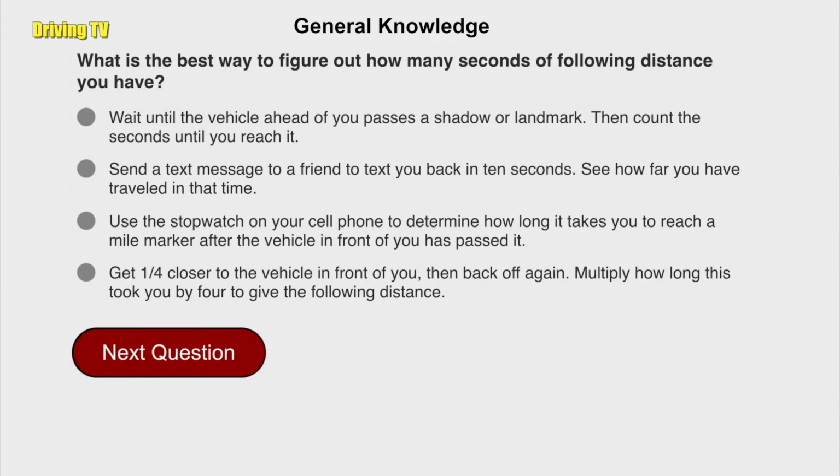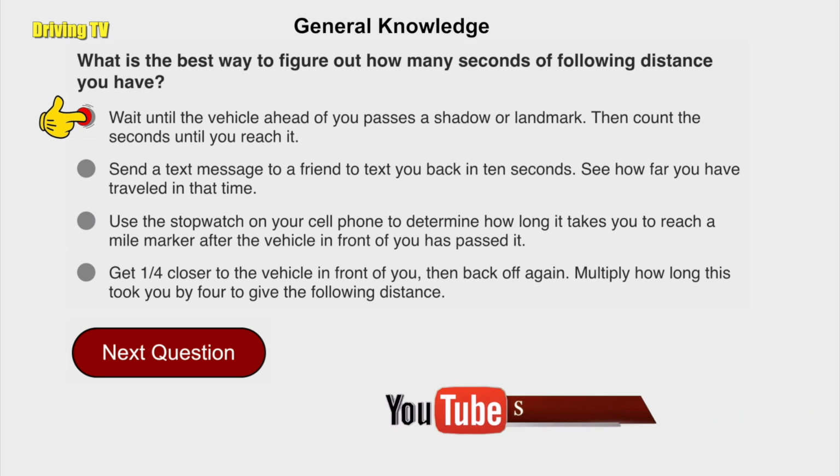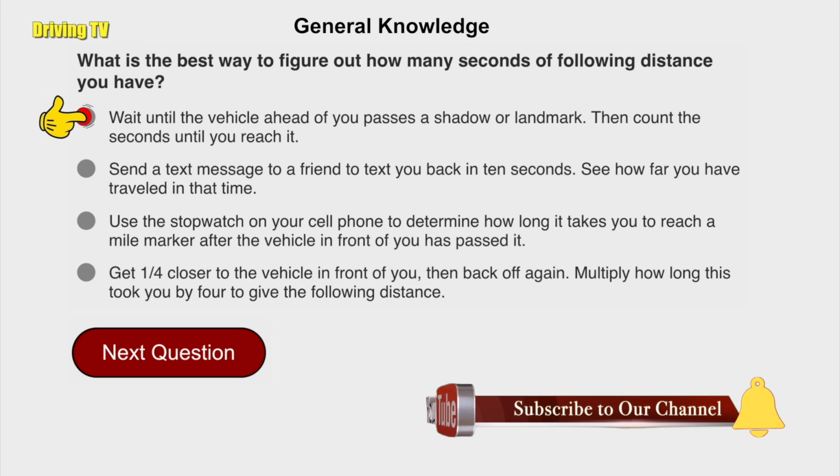What is the best way to figure out how many seconds of following distance you have? Wait until the vehicle ahead of you passes a shadow or landmark. Then count the seconds until you reach it.